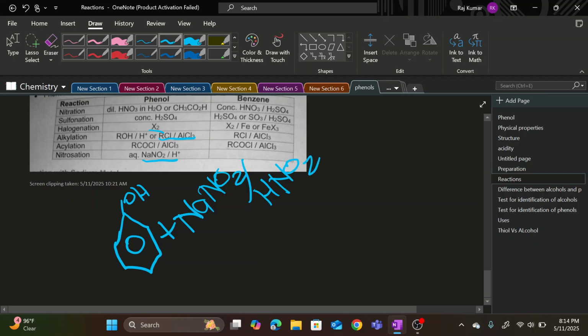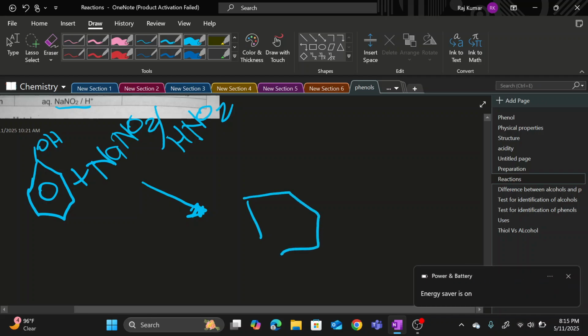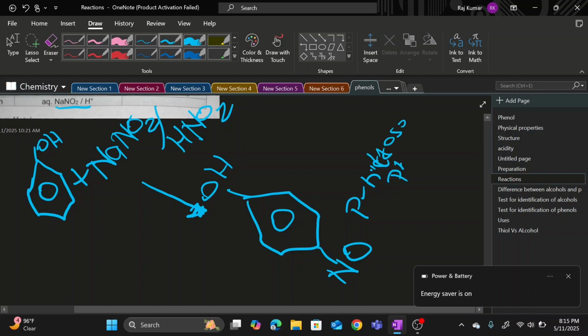I take one of these sources. At that point, what actually happens is I will get a nitrosophenol, a para-nitrosophenol. This para-nitrosophenol is of particular importance because it forms a tautomeric structure.